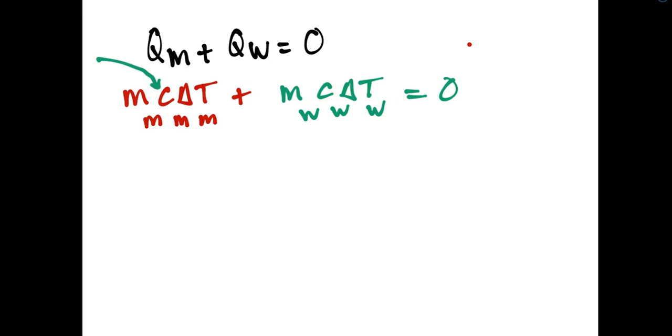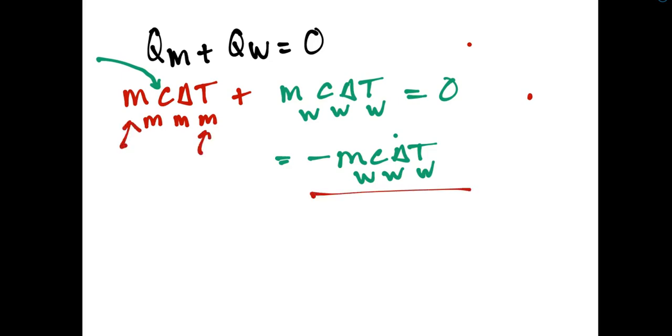So when we rearrange the equation now, we're going to say that we have negative mc delta T on this side, and then we're going to divide by that and that. So we have the mass of the metal and the temperature change of the metal. And that is going to tell us the specific heat of our metal.